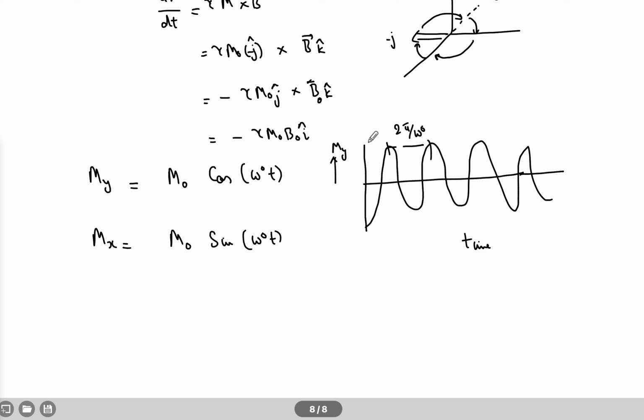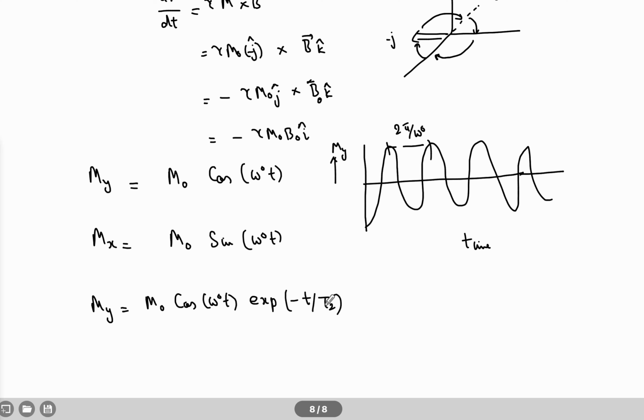now because there is a relaxation, as we have learned, it is not indefinite that this will keep on precessing. There is also a transverse relaxation happening, which I explained just now, that there is a dephasing of all the individual spins. So essentially this whole factor will be multiplied by the relaxation term, so My will be m0 cos omega naught t, and the decay will be with exponential minus t by T2.